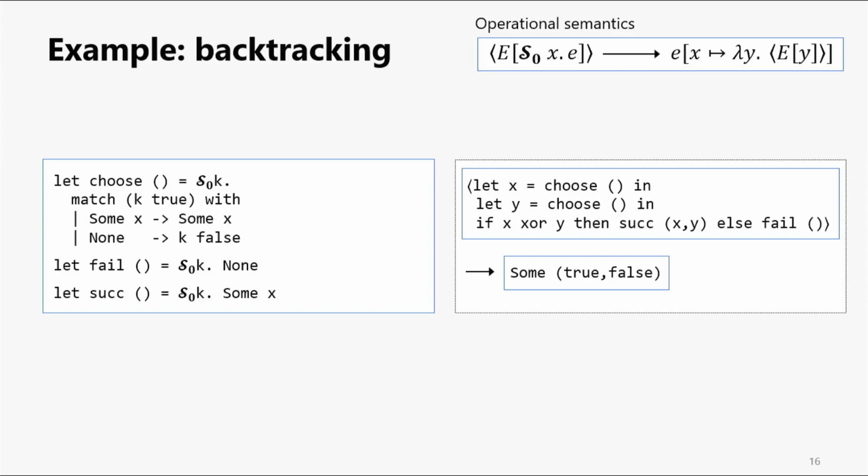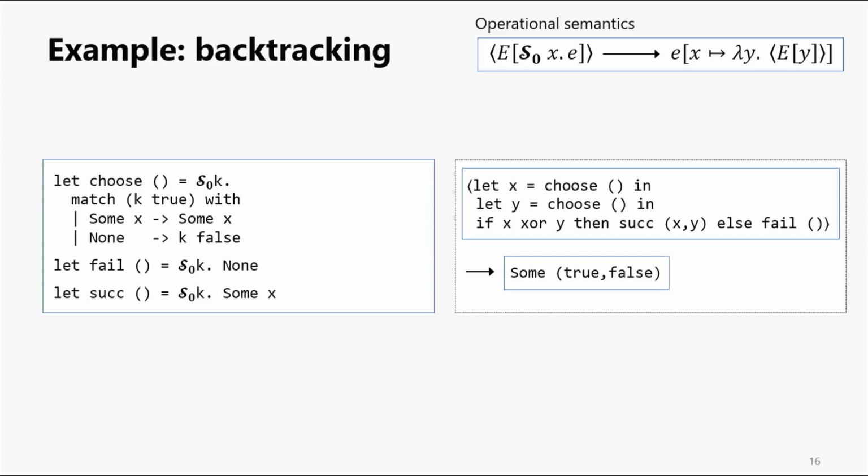And the fail and succeed operations are implemented to just return none and some value after discarding the continuation. I won't show the details of these evaluation steps, but in this example, choose picks some Boolean values x and y.